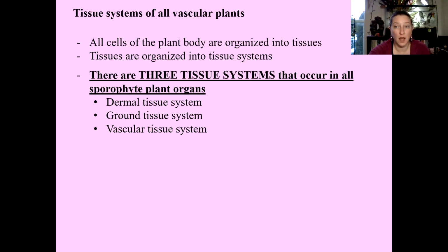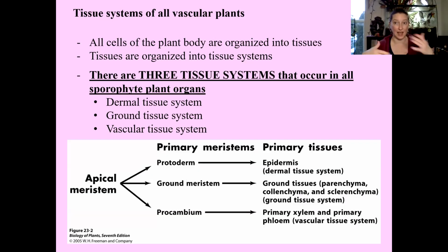We're not going to spend a ton of time on this today because we will see it again in subsequent lectures, but just so you know. We have talked about the process of mitosis before, which is usually occurring to make the plant body get bigger, not for repair.